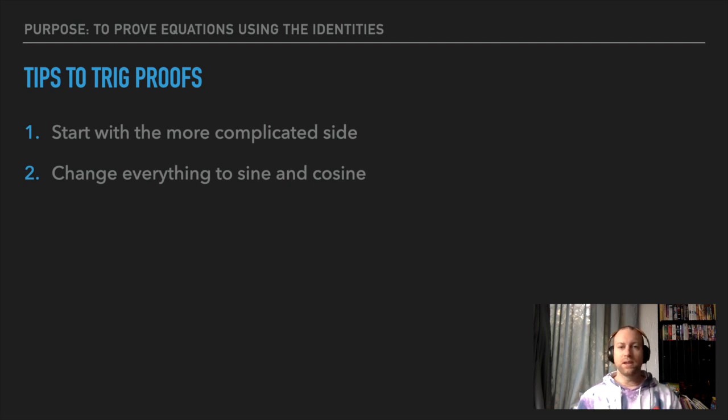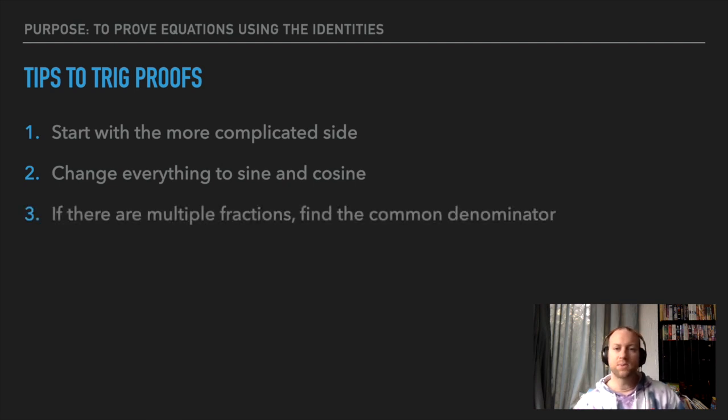If you're given anything cotangent, tangent, cosecant, or secant, switch everything to sine and cosine. You have tangent identities, but they're a lot more complicated than the other two. So try and switch to sine and cosine as quickly as possible. If you have multiple fractions, find a common denominator so that you can add those fractions together.